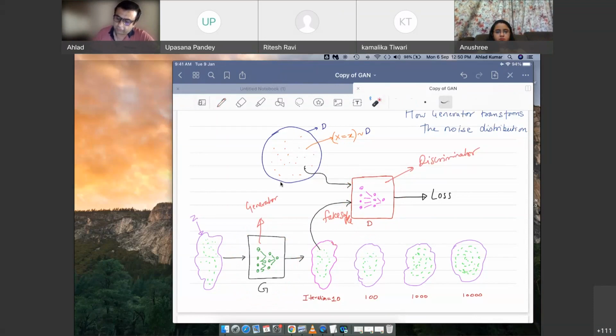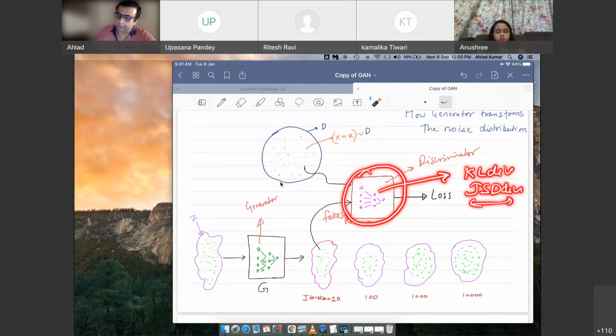The first network generates the samples. The other network tries to judge, or discriminate, whether this distribution is the same as this distribution or not. As you can see, this is trying to take the place of KL divergence or JSD divergence.